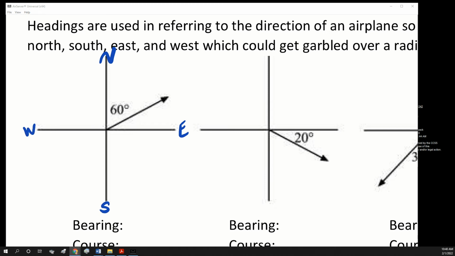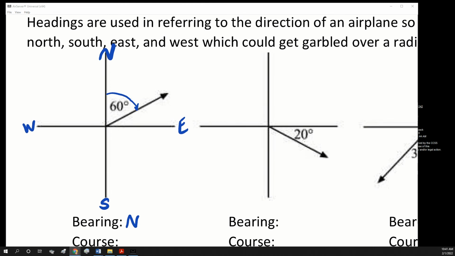Because this angle is pointing northeast, you would start off with north, and then whatever the rotation is from the north is the angle you're going to use. In this case, it's going to be 60 degrees. Which direction did that angle point? Rotate toward the east or the west? East. So it's north, 60 degrees east.